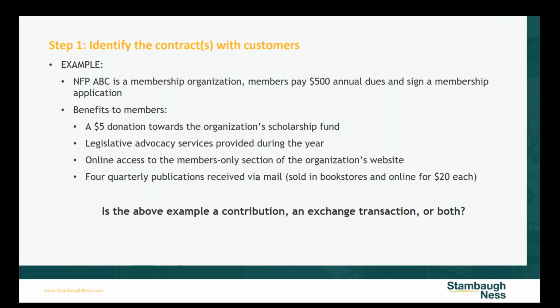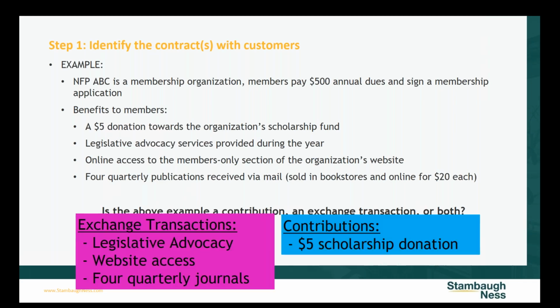So in this case, do we have a contribution, an exchange transaction, or both? Technically not even on step 1, kind of on that planning phase: do we have a contribution, exchange transaction, or both? And in this scenario, we have both. On the right-hand side in the blue box, I pulled out that $5 scholarship donation. Essentially, that's a non-refundable donation to the scholarship fund.